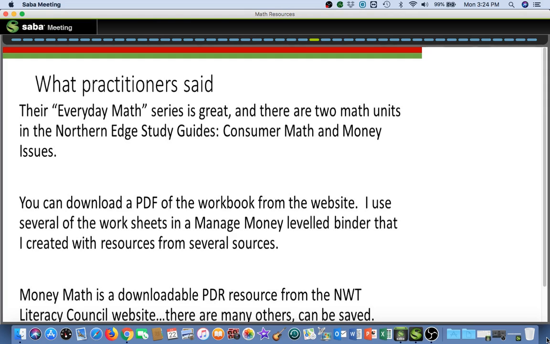This person has created a Manage Money leveled binder. So she's found resources and put them all together about managing money. Once again, money math, highly recommended by people. Many downloadable PDF resources, and you're able to save them and utilize them. Thank you.